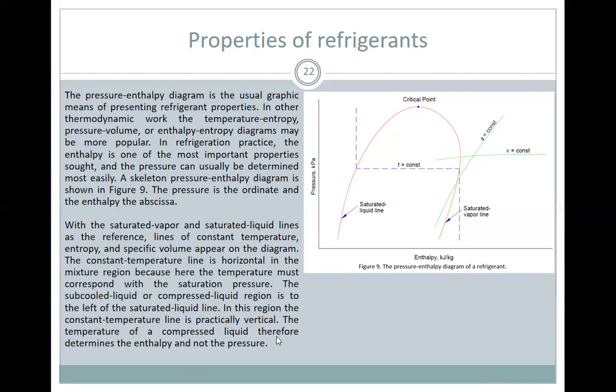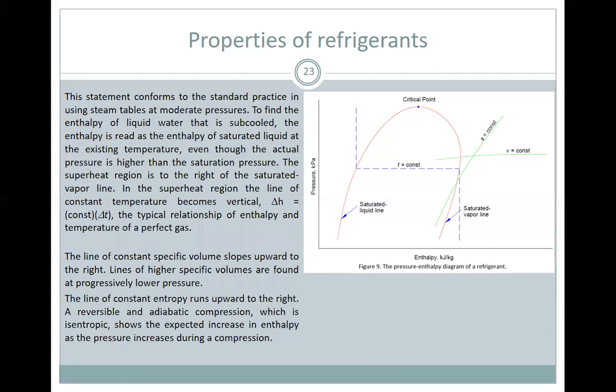Now, the temperature of a compressed liquid therefore determines the enthalpy and not the pressure. Di ba? Temperature, kung naming hf, yun na. At any pressure, basta may temperature, subcooled, siya yung enthalpy niya.